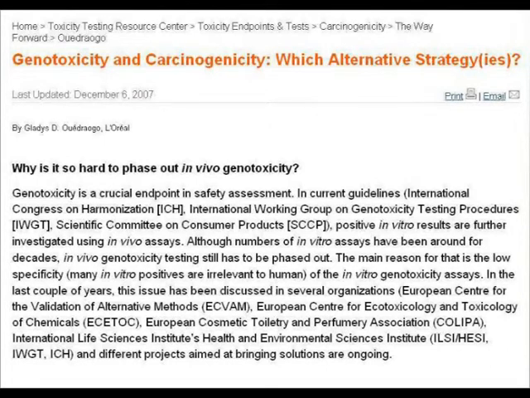In current guidelines, positive in vitro results are further investigated using in vivo assays, that's animal tests. Although numbers of in vitro assays have been around for decades, in vivo genotoxicity testing still has to be phased out. The main reason for that is the low specificity, many in vitro positives are irrelevant to human, of the in vitro genotoxicity assays.